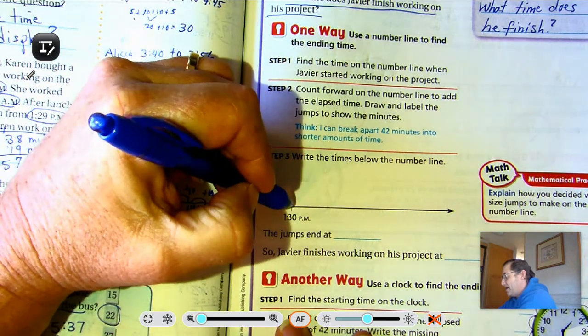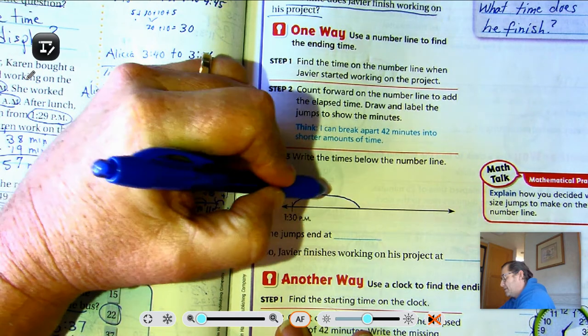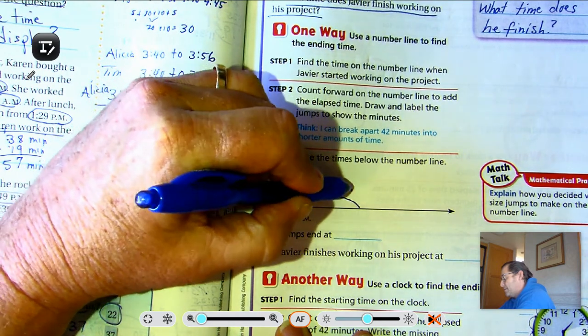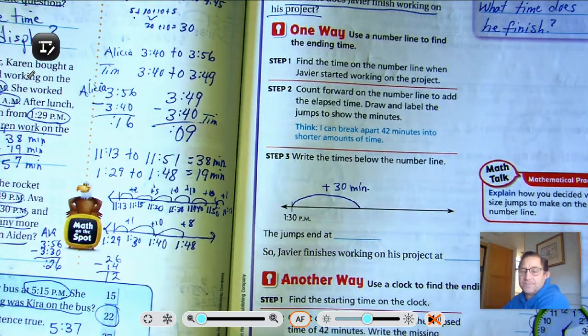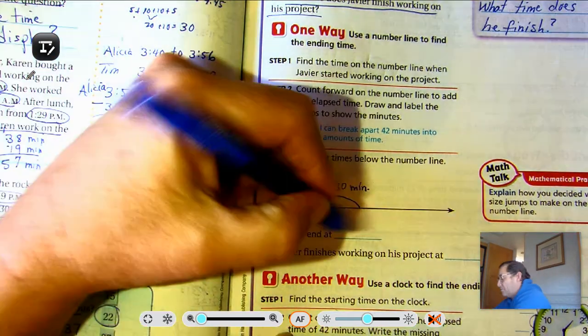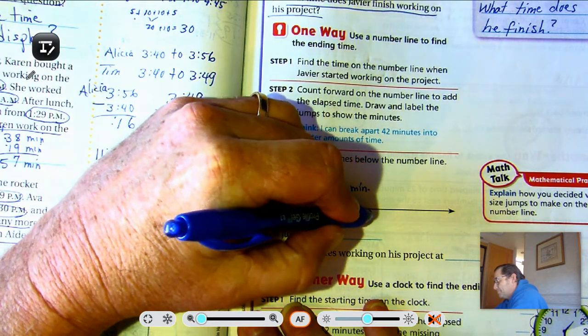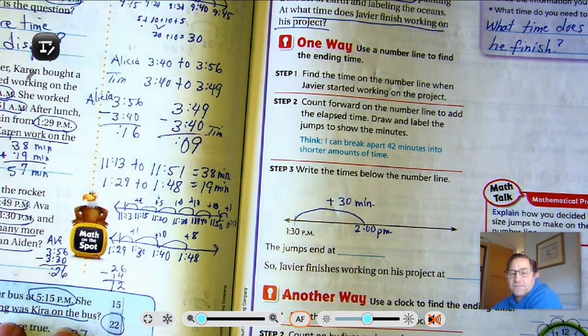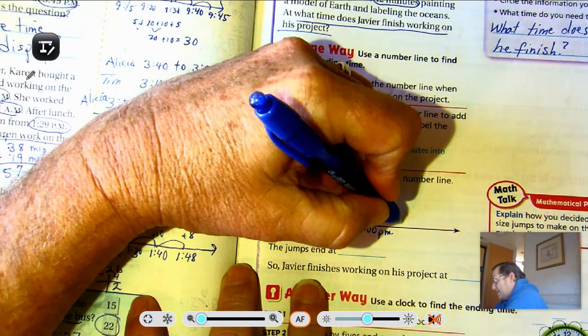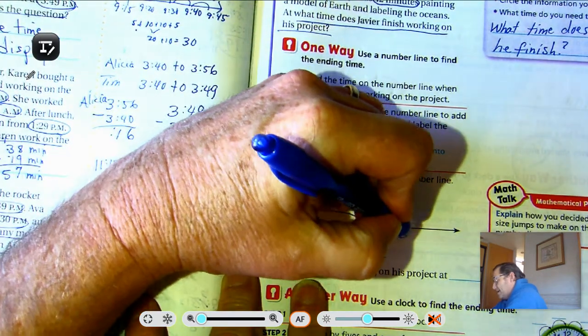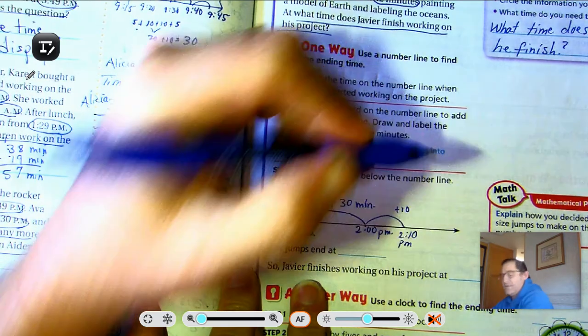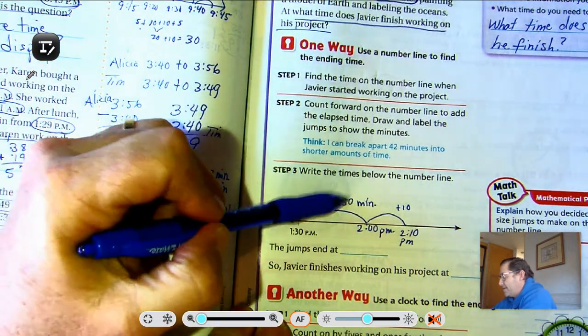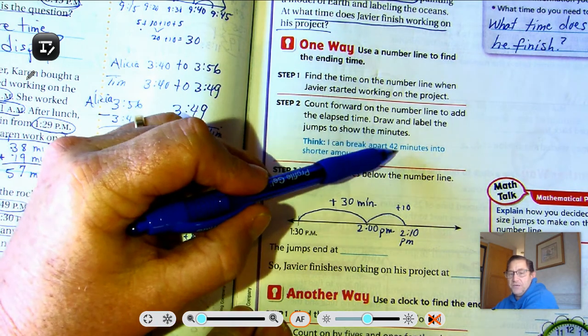Well, what happens if we make a big jump of 30 minutes? That would put us at 2 o'clock. And we still have 12 minutes to count forward because we've only used 30 of them. If I take another 10 minutes, I'd be at 2:10 p.m. Now I've used 40 minutes, and I need to make a jump of 2 minutes.